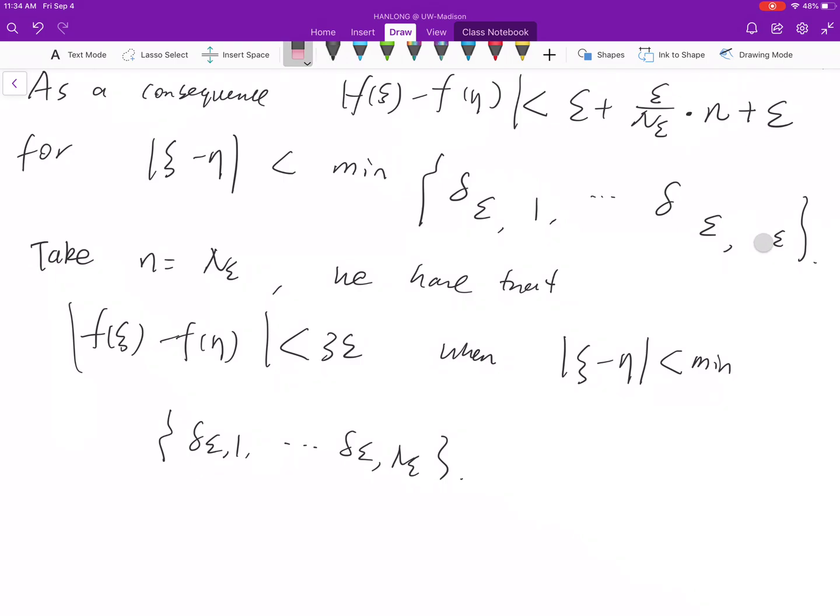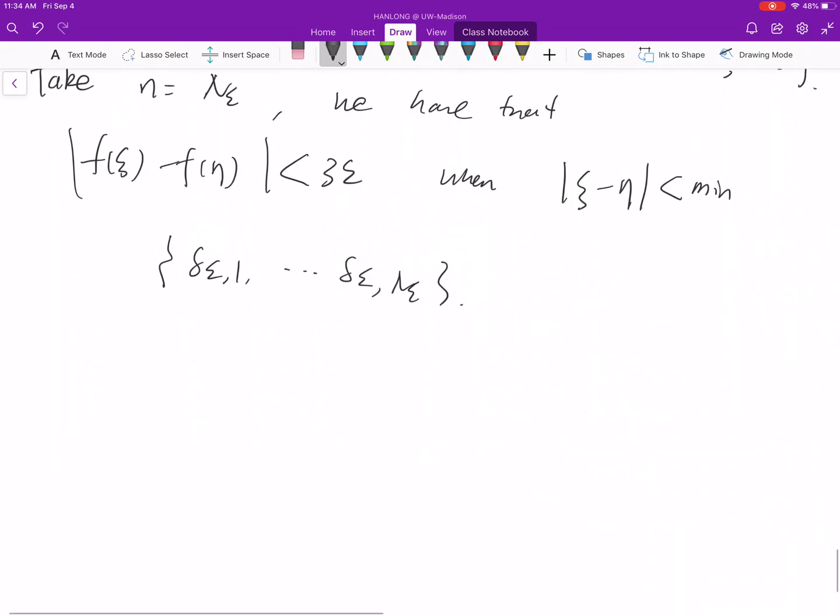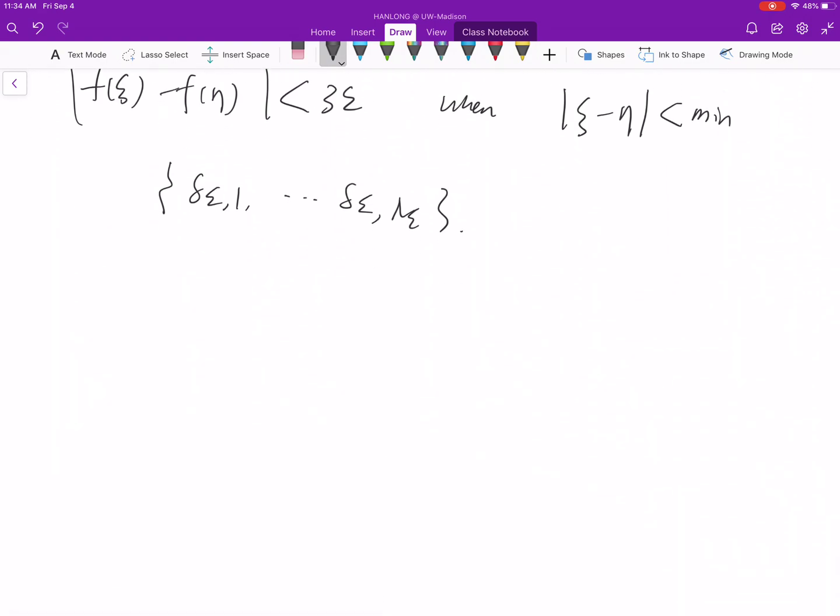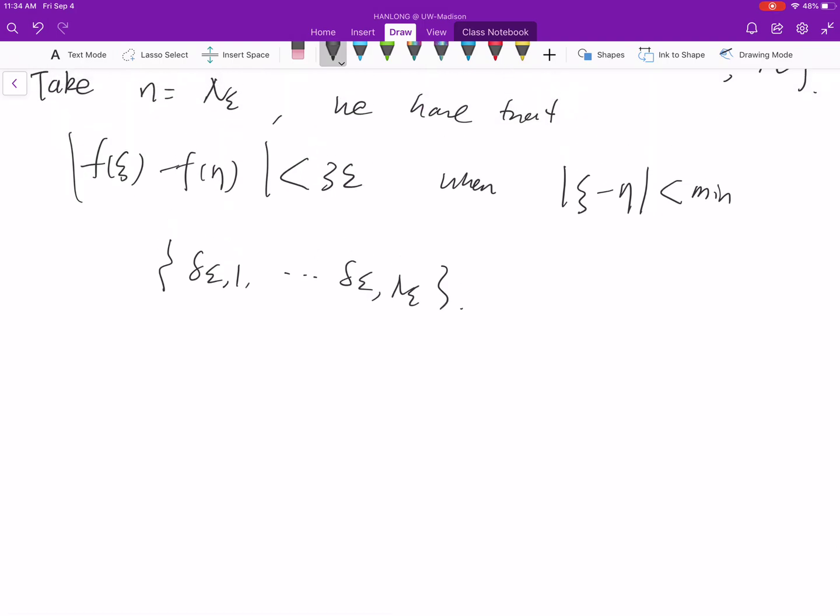Oh, sorry, here is n. Okay, then according to the definition, since epsilon is arbitrary, we conclude that f is continuous on AB.